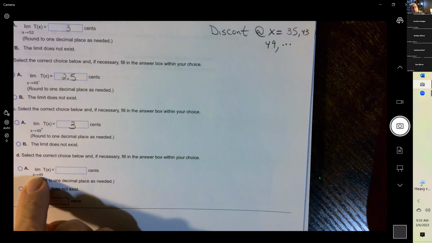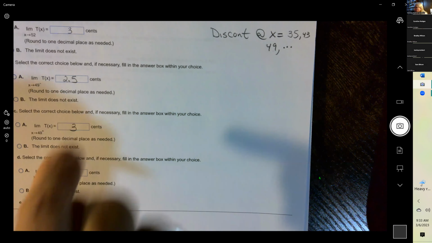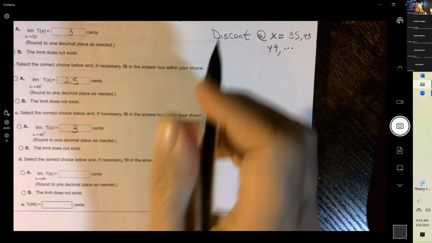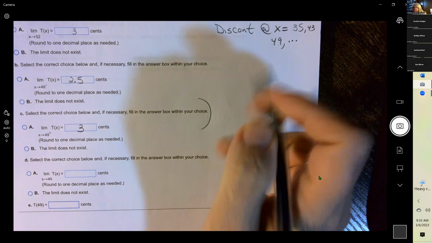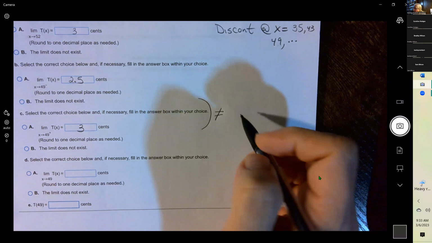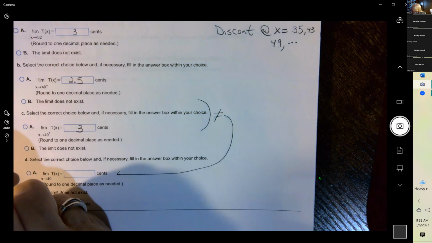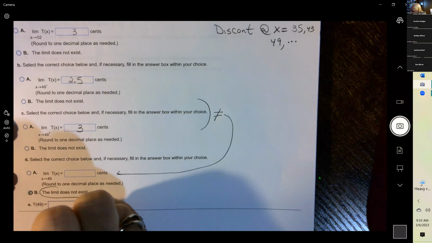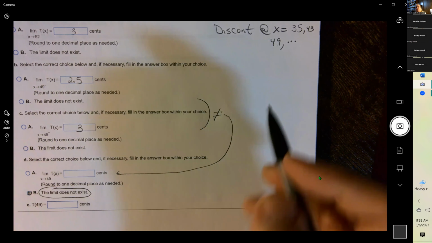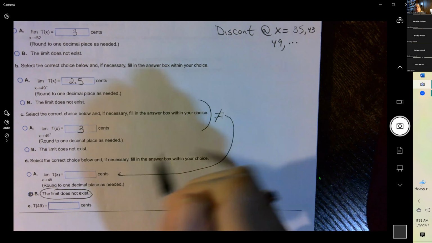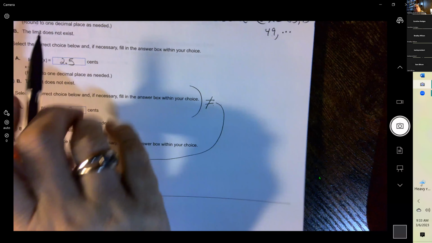This one's the two-sided limit. Now, if you find the limit from the left and the right, these two in this case are not equal. So this one does not exist. If these two were the same, this would also be the same. And that's what the case was here.